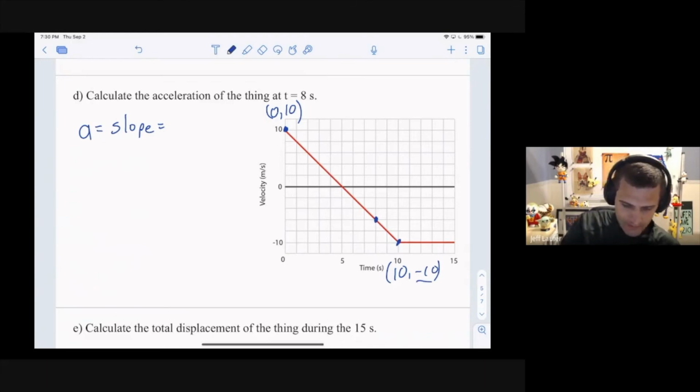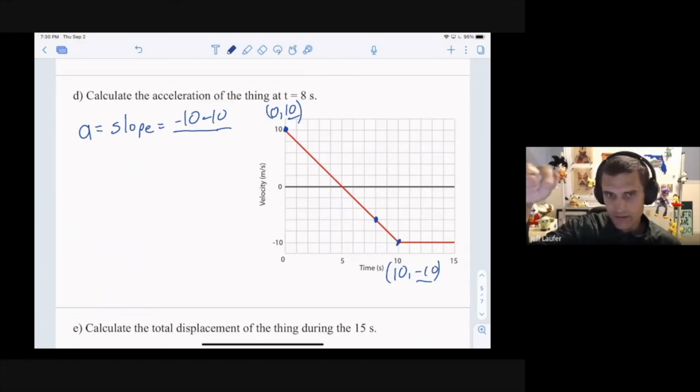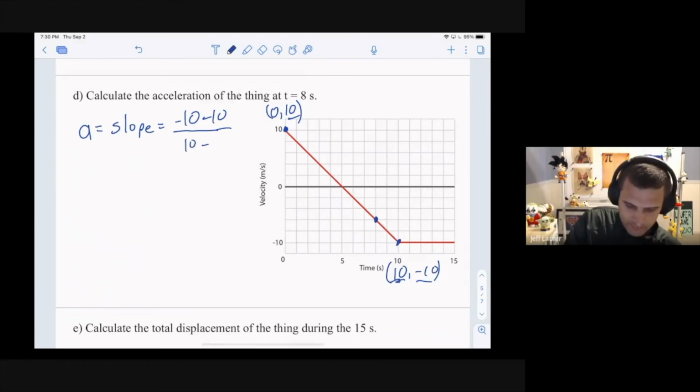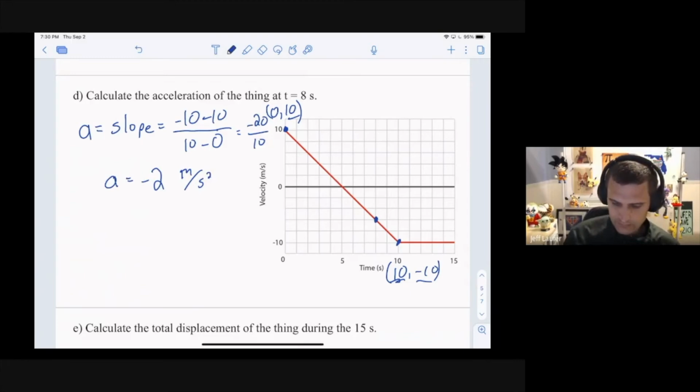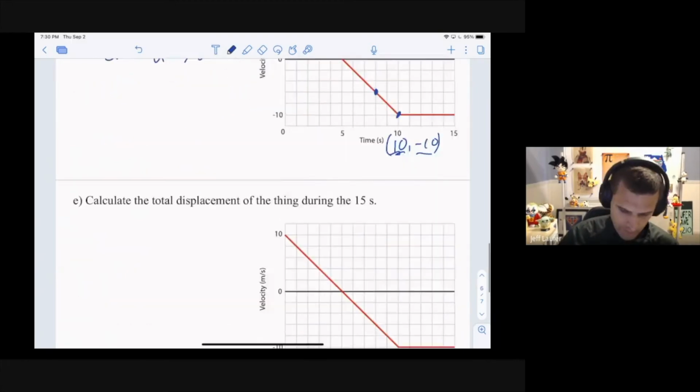So on top it's -10 minus 10, and then change in time, so it's 10 minus 0 on the bottom here. So what I have is -20 over +10. So the acceleration, which is the slope, is -2.